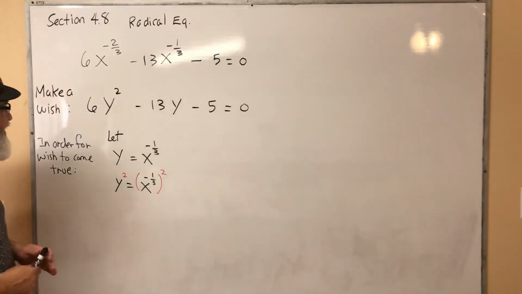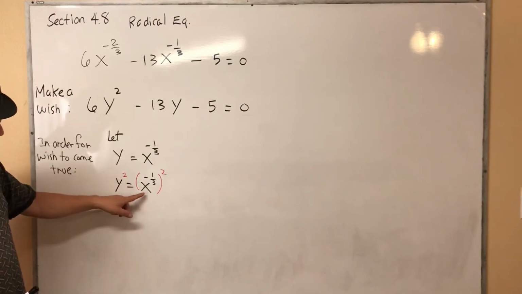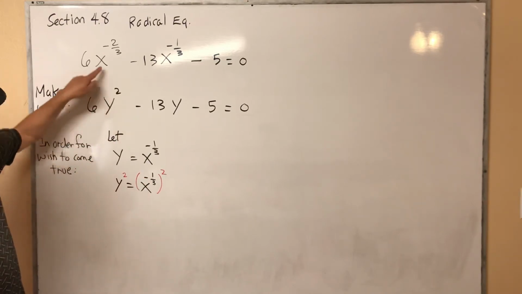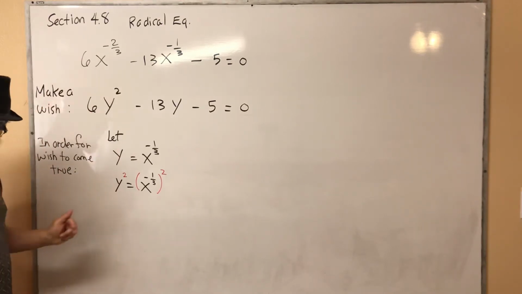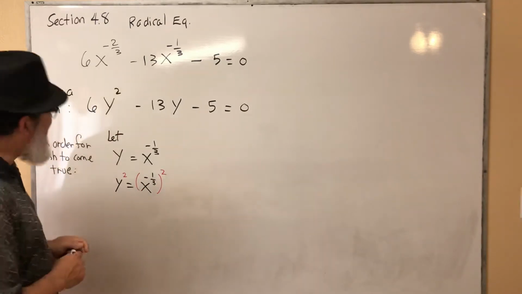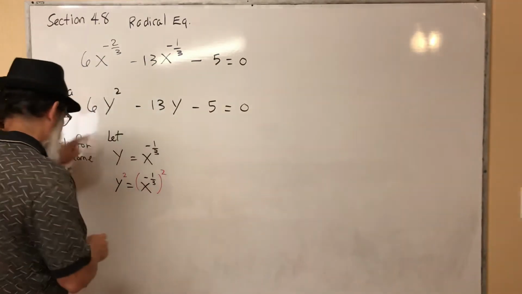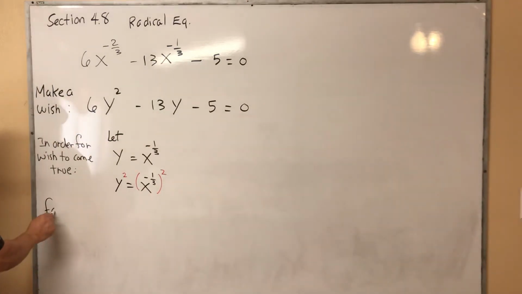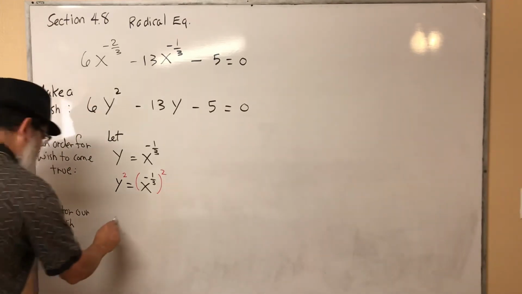Now, because this y squared equals x to the negative 2/3, we're in business. I'm going to factor my wish. Let's factor our wish, okay? Factor. Okay, no problem.